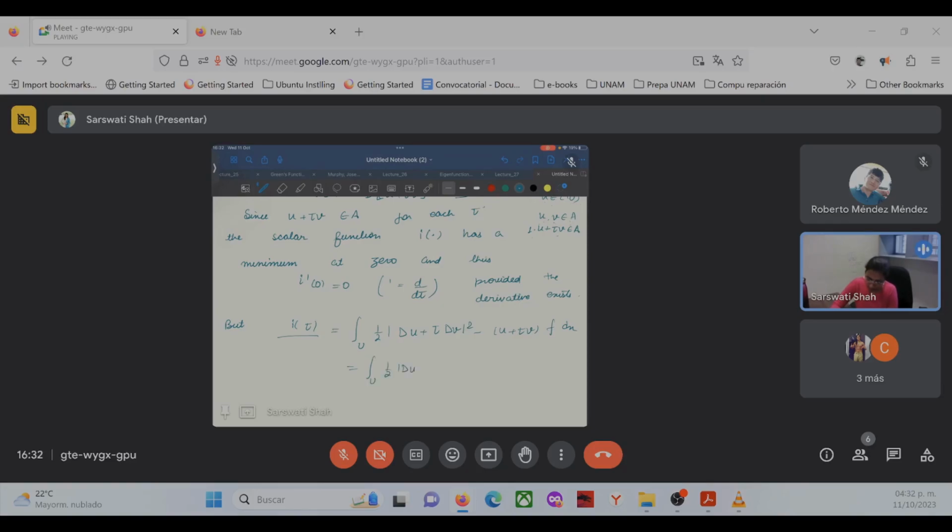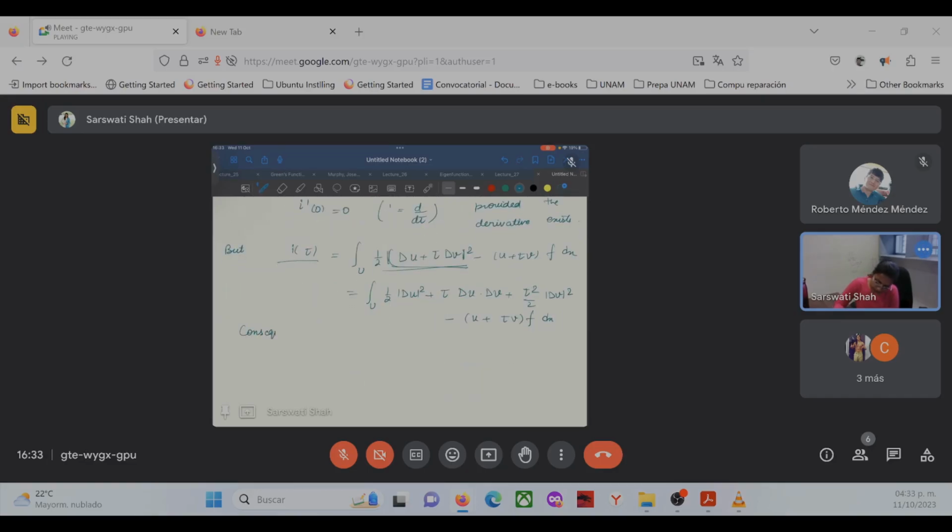This is going to be half |∇u| squared plus tau ∇u dot ∇v plus tau squared over 2 |∇v| squared minus (u plus tau v) f dx, and consequently I dash of 0 equals the integral of ∇u dot ∇v minus v f dx.